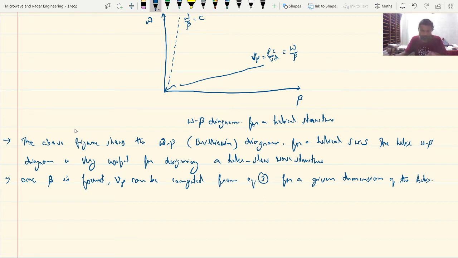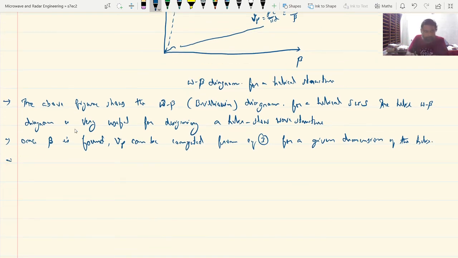Further, once you know the phase velocity, you can calculate the group velocity also.